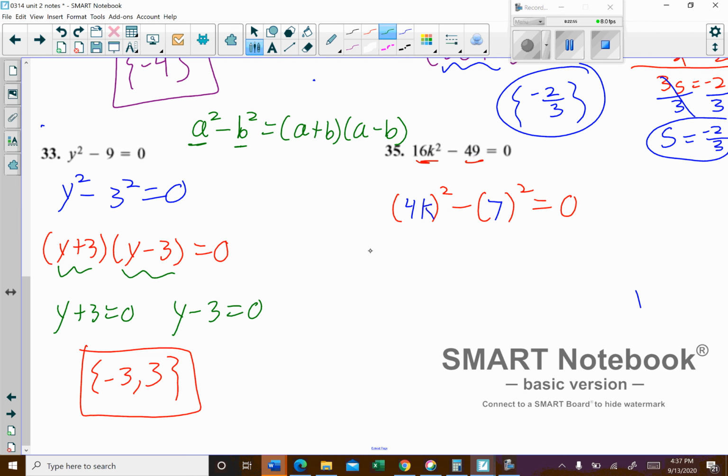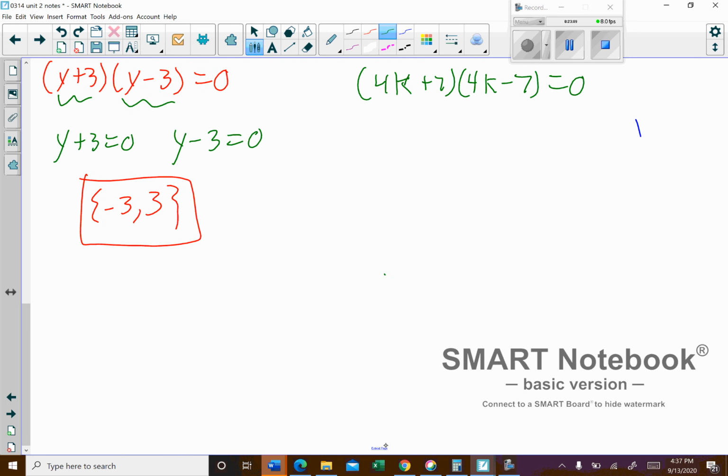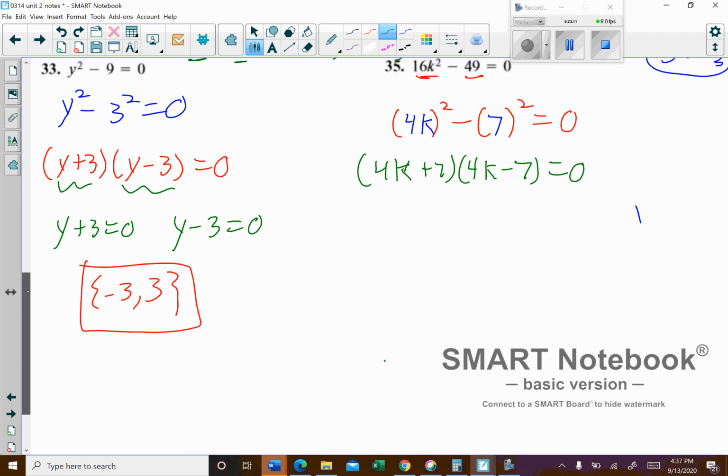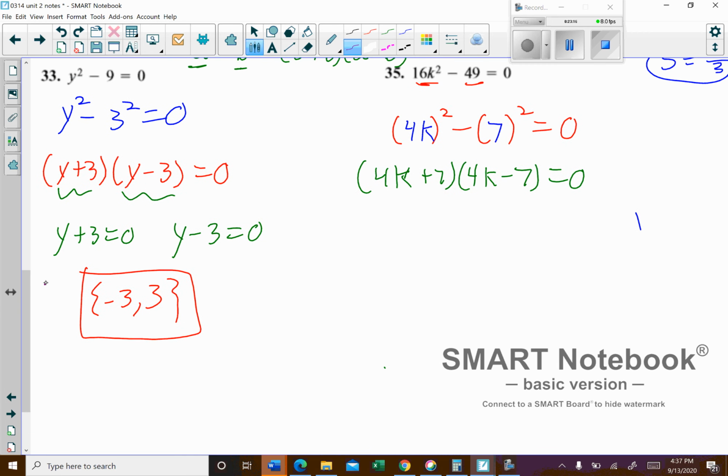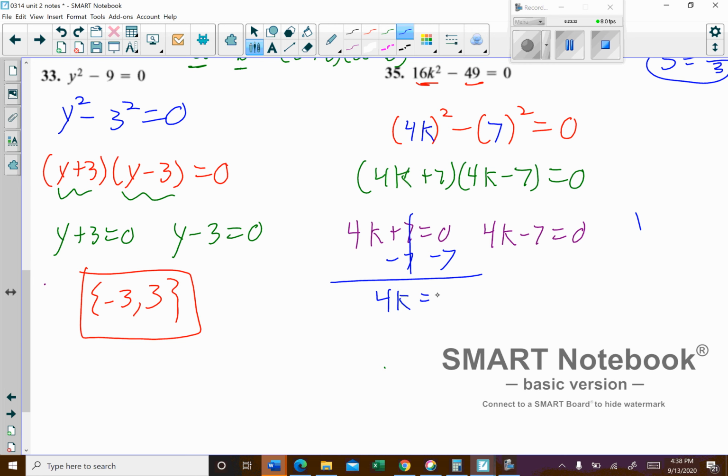So now we'll go ahead and break this into 4k plus 7, 4k minus 7. Then we have to take each one, set them equal to 0, and solve. So 4k plus 7 equals 0, and 4k minus 7 equals 0. We're going to subtract 7 from both sides, so 4k equals negative 7.